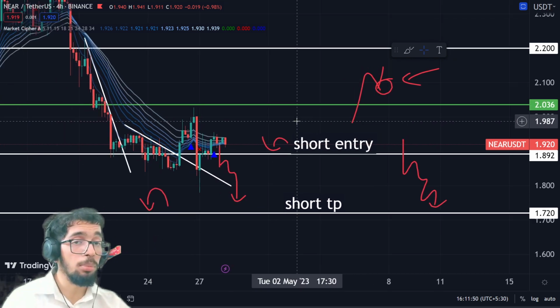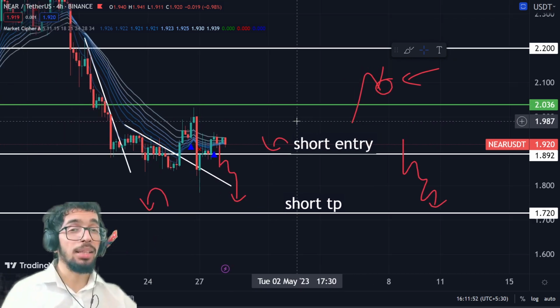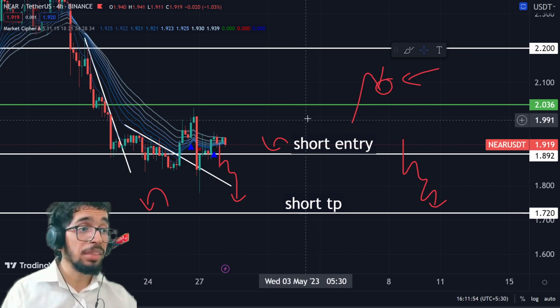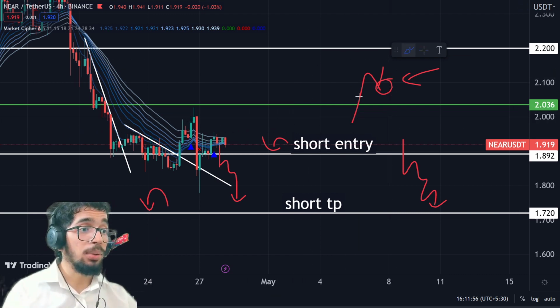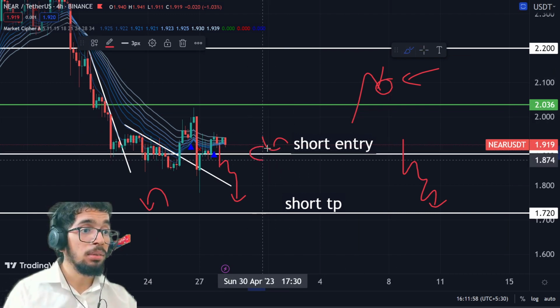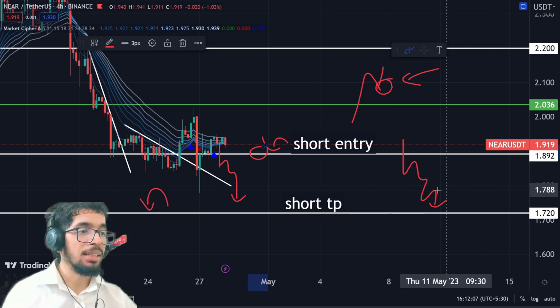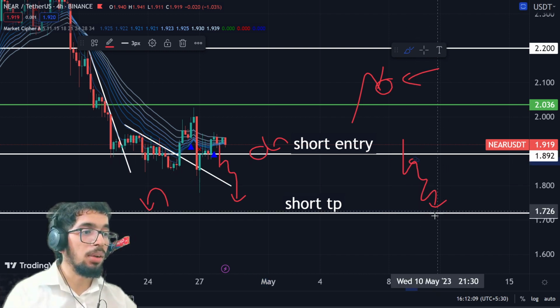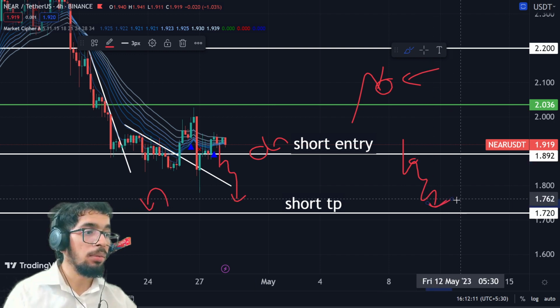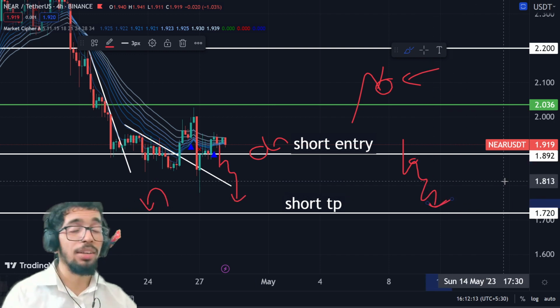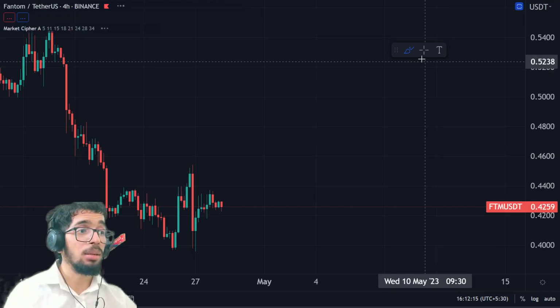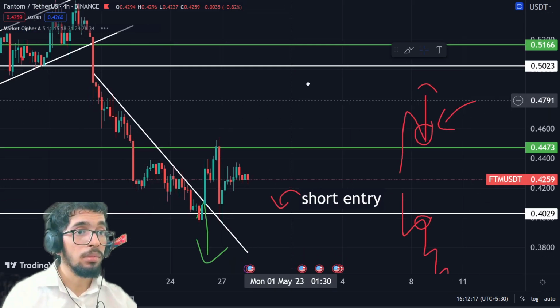For a short position, once BTC breaks the 28,760 range, we need to enter a short right here at around $1.88, and then we ride it all the way to take profits at around $1.72.